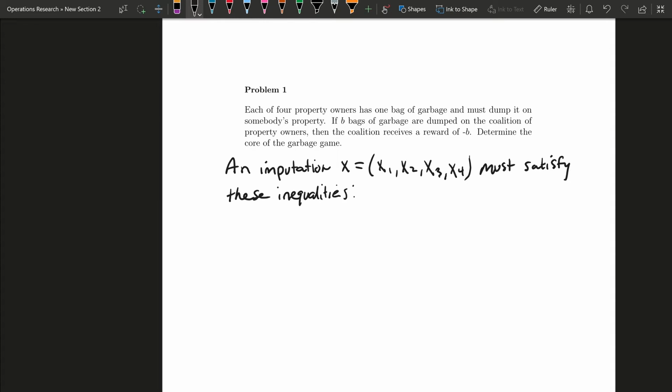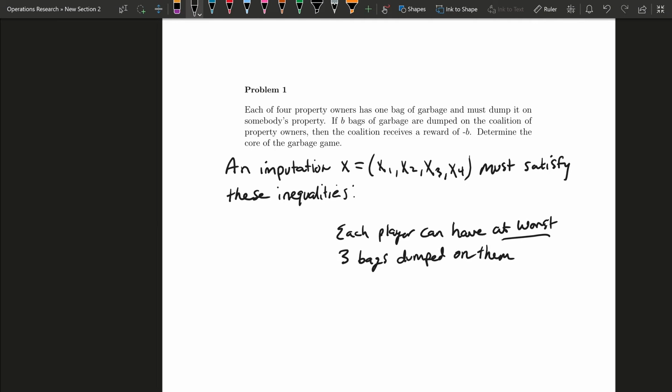So we know that at worst, a single player can have 3 bags of garbage dumped on them because they're not going to throw it on their own. Each player can have, at worst, 3 bags dumped on them.